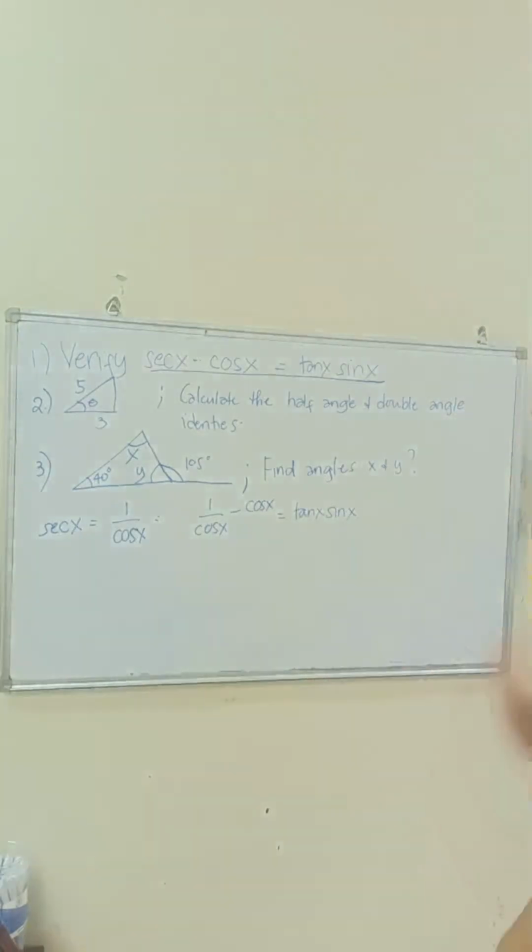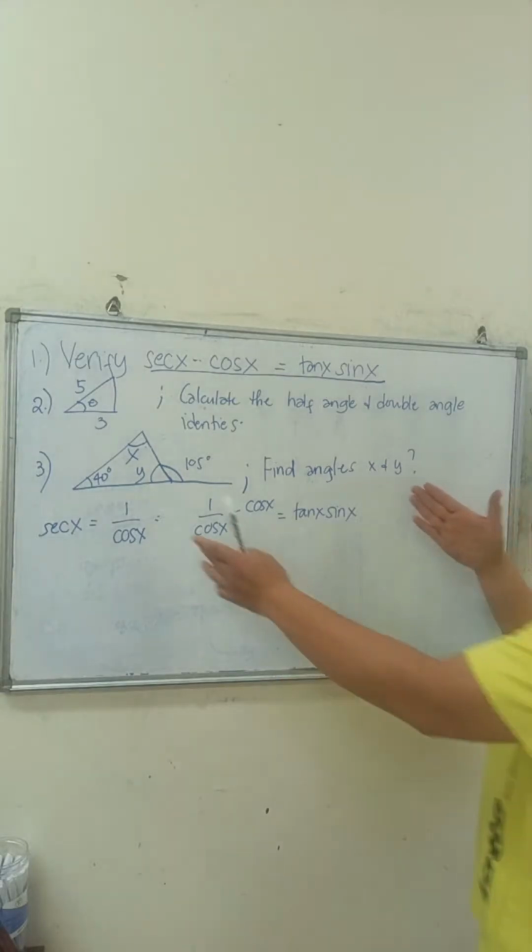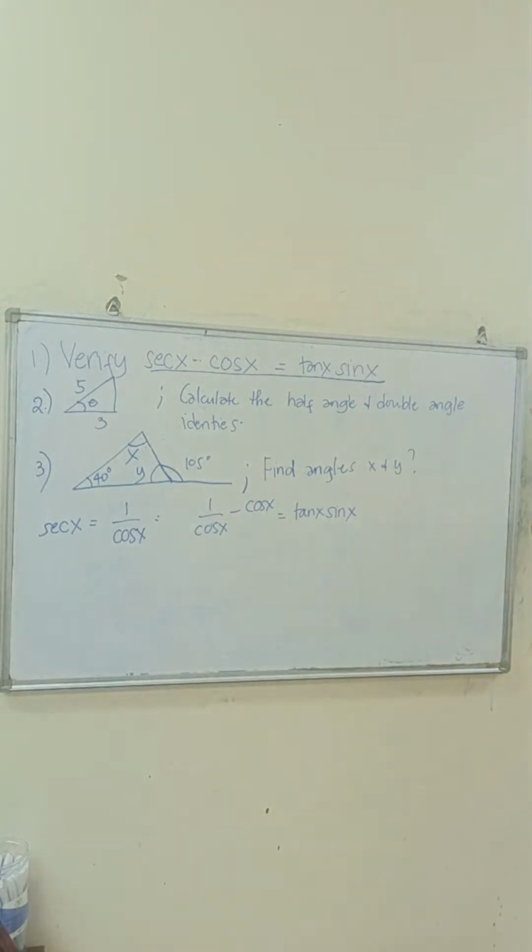If you are a fan of evaluating the expression to the simplest term by dividing or multiplying both sides by certain expressions, you can do that if you build mastery on it.